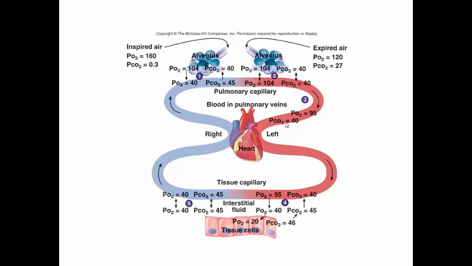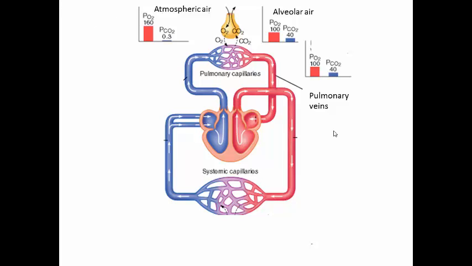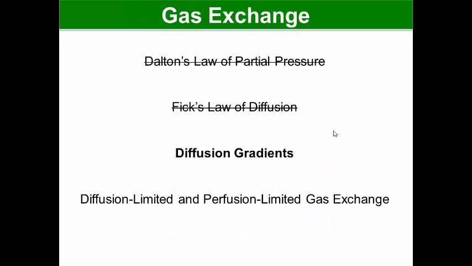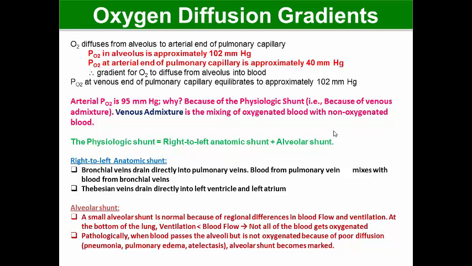And it is because of this mixing that the partial pressure of oxygen is now 95 millimeters of mercury. And this is the partial pressure of oxygen which goes to the tissues. So what is the source of this deoxygenated blood? The physiological shunt or the venous admixture is the cause.